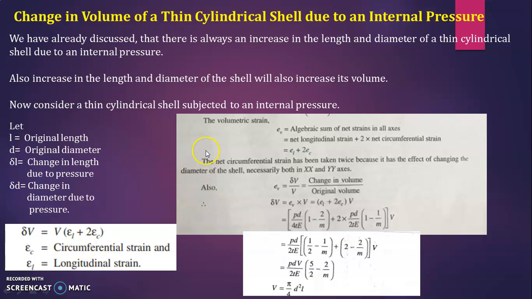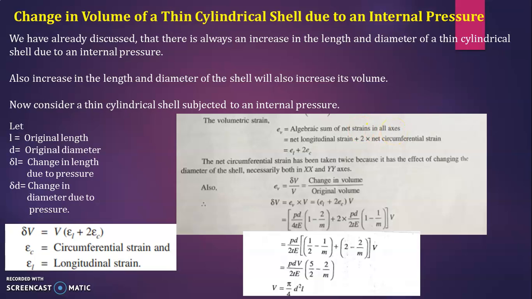The volumetric strain, represented by EV or delta V by V, is equal to the algebraic sum of the net strain in all the axes.